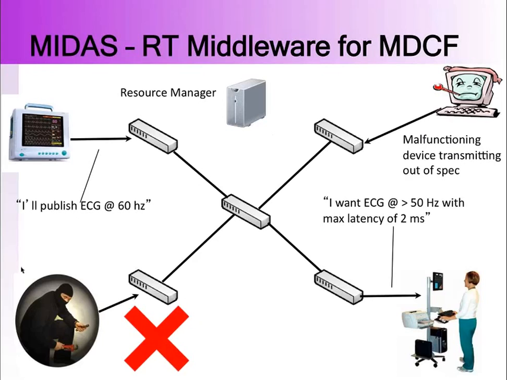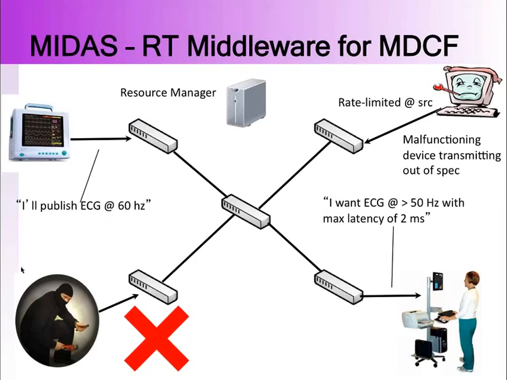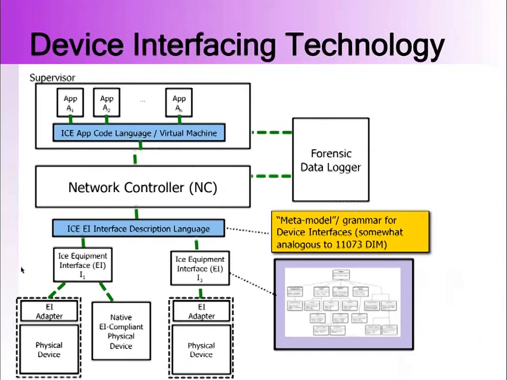If you have a situation where a good device connects but then starts to malfunction and delivers its data out of range of its quality of service specification, the rate limiting and so forth at the switch itself prevents that information from flooding onto the network and so forth. So that's a brief overview of how this dynamically controllable OpenFlow switching technology is being used to set up this partitioning and QoS enforcement on a standard network.